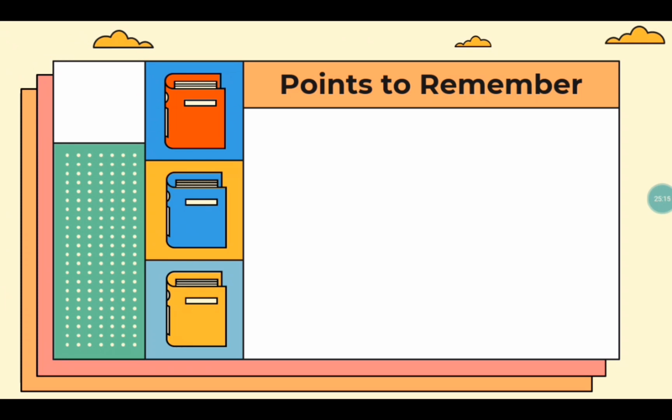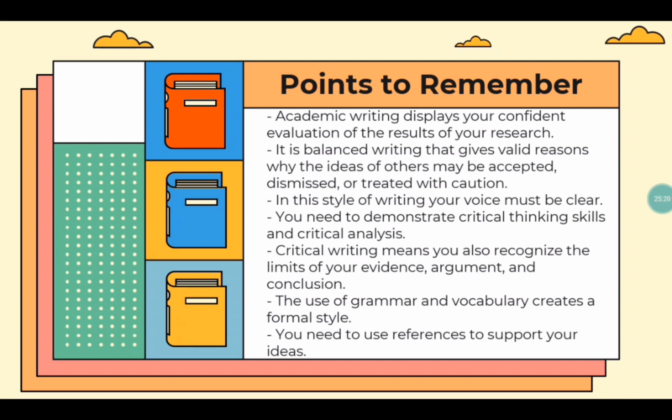I want you to remember the following points. Academic writing displays your confident evaluation of the results of your essay. It is balanced writing that gives valid reasons why the ideas of others may be accepted, dismissed, or treated with caution. Academic writing is the style of writing your voice, and it should be clear.